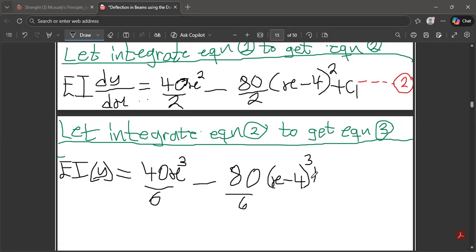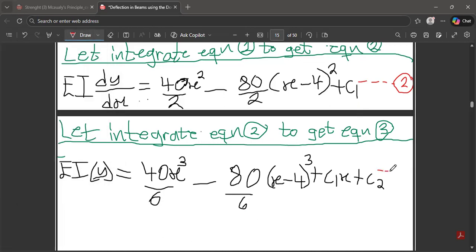In this case, plus, you have to integrate the c1 too, and the integral of c1 gives us c1x, plus c2.